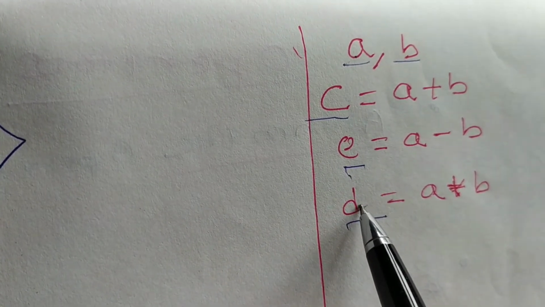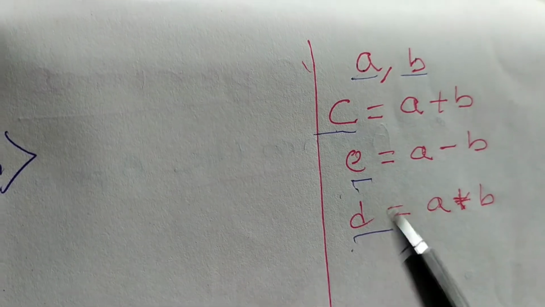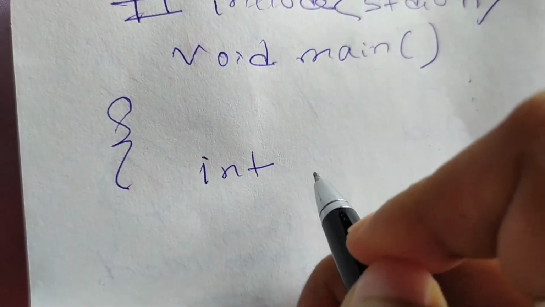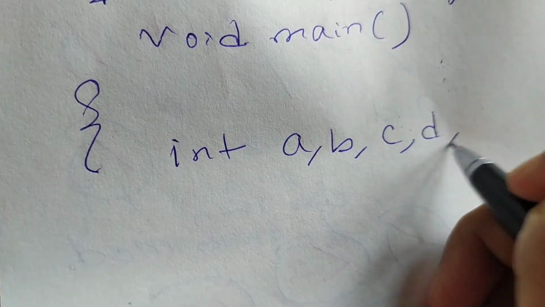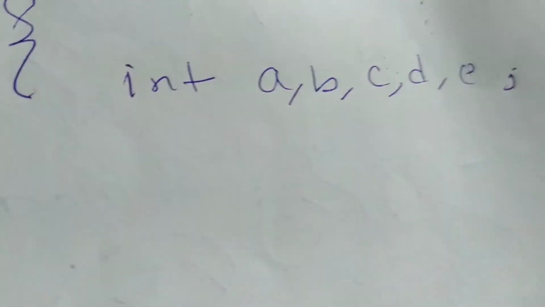So I will take five integer values: int a, b, c, d, e; semicolon.